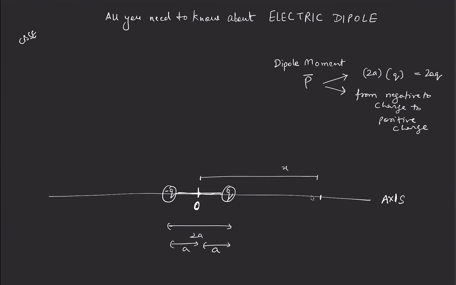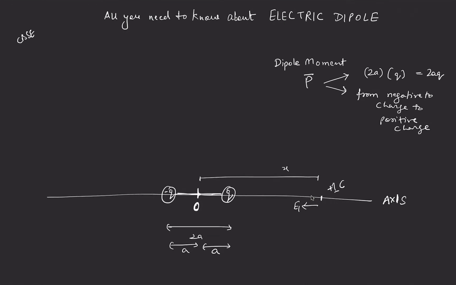So we'll first find the electric field due to negative charge, and since negative charge would attract +1 coulomb test charge placed here, electric field due to negative charge E1 would be in left direction, and since positive charge would repel this +1 coulomb charge, electric field due to positive charge would be in the right direction.